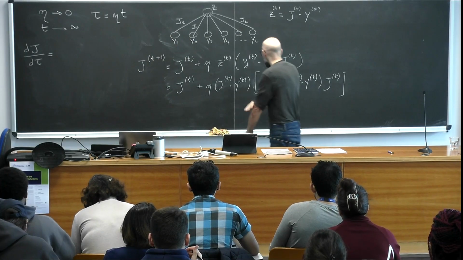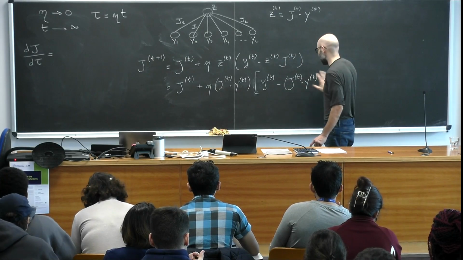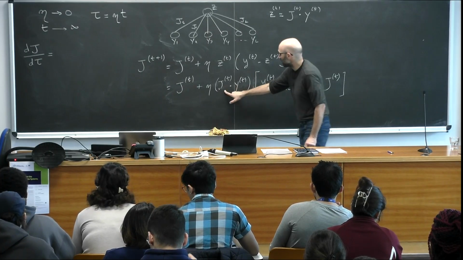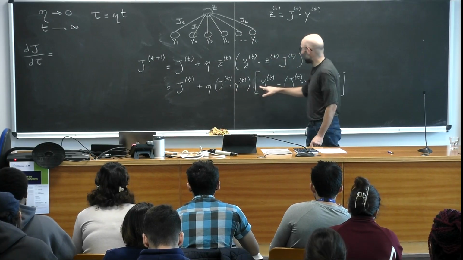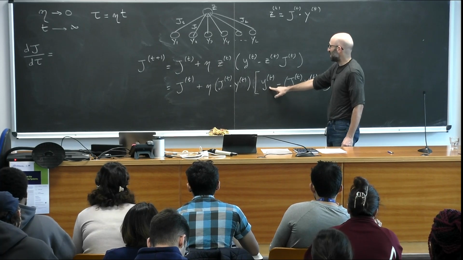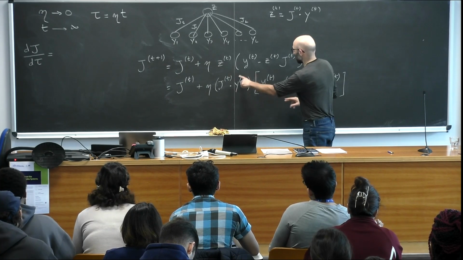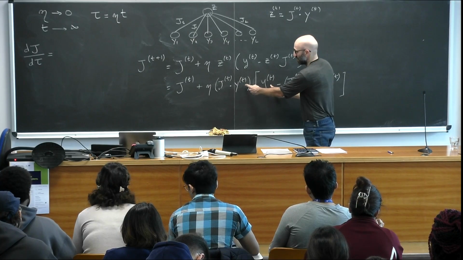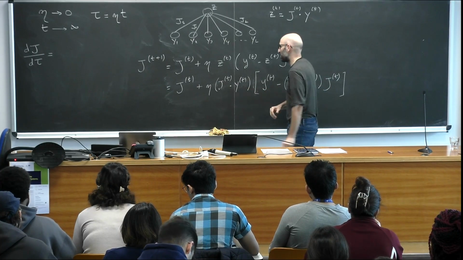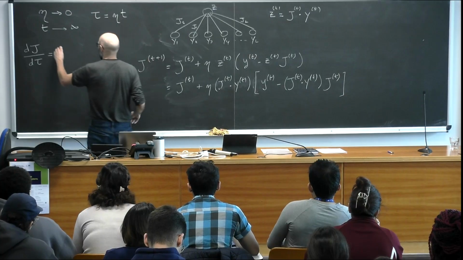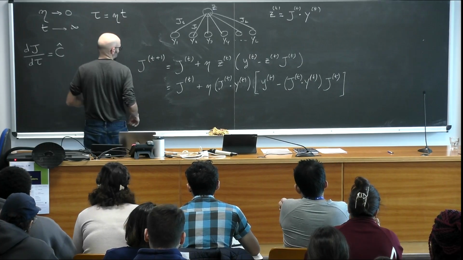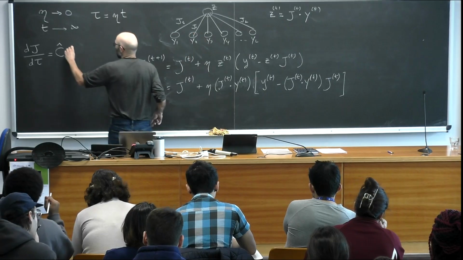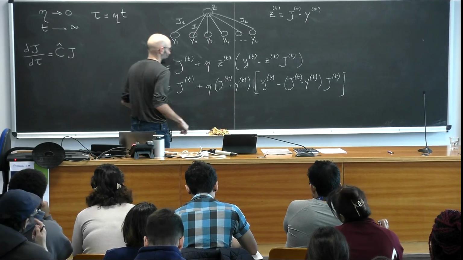I will not do it, but I think you can do it. So let's take the average of this. I get j times y times y, so the average of y y is c hat, which is the correlation of the data, times j. This is the first term.